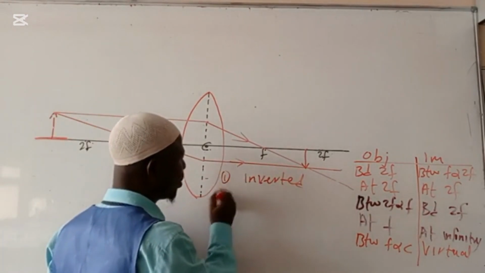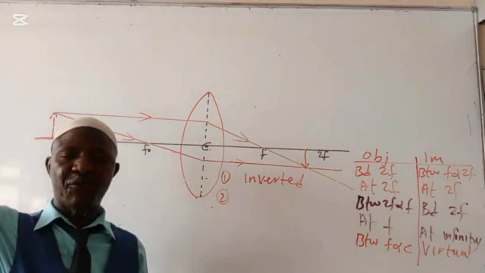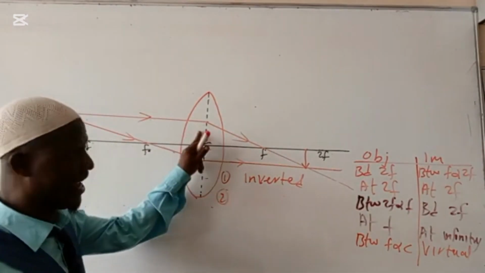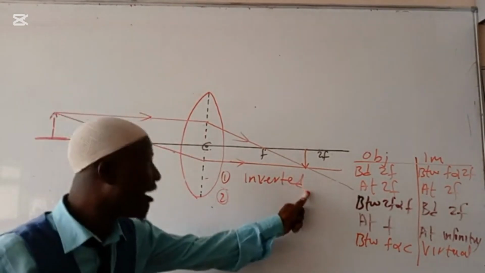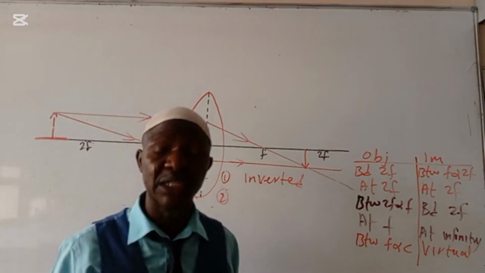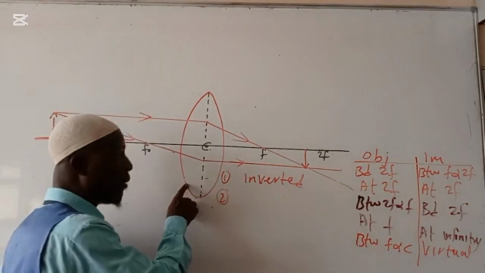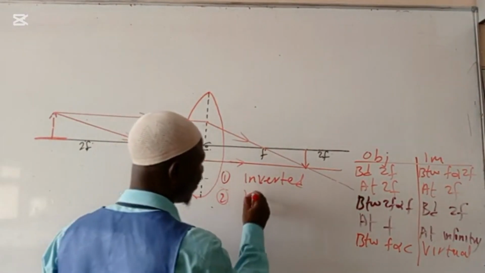Number two, it is real. As I told you in our previous video, for the lens we expect the image to form on the other side. But if the image forms on the same side as the object, it is virtual. If the image forms on the other side, it is real. So this our image is real.